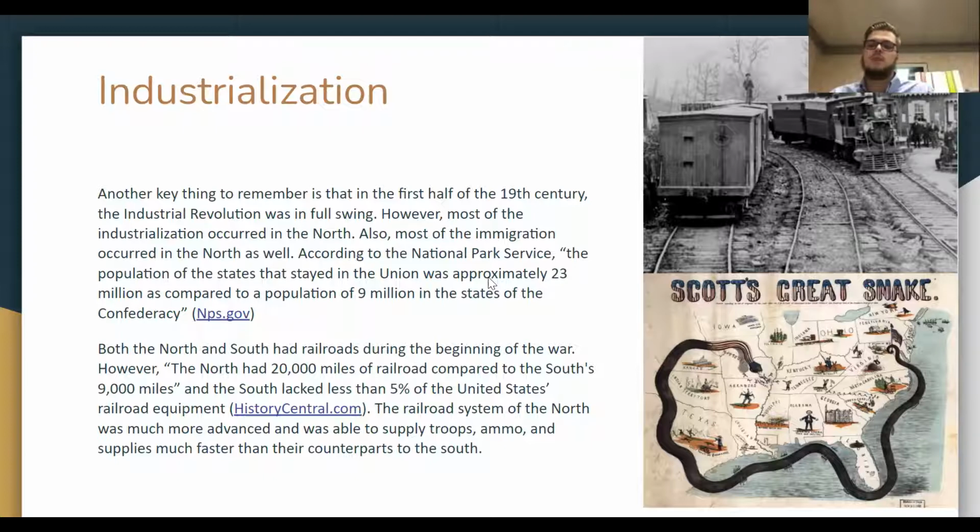And a railroad system is good for a power that is fighting another military or another country, because it's able to supply troops, ammo, and supplies, and anything else that you need to support your war effort. You know what I mean? So say you look at the map here, you'll see that the map is kind of vast.